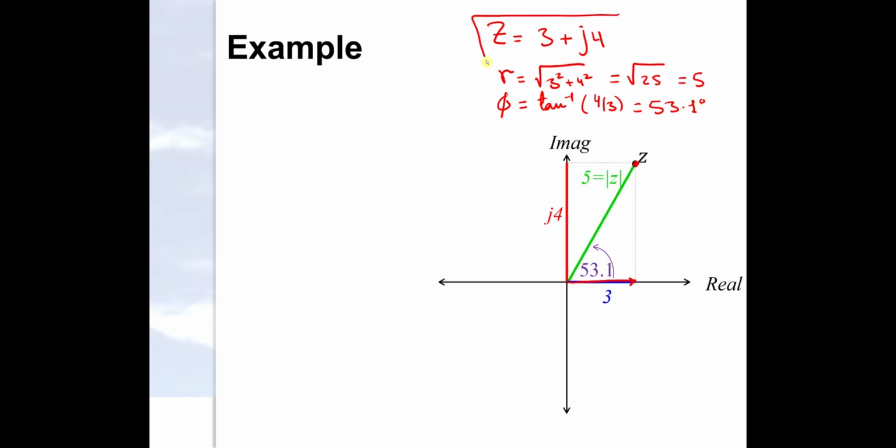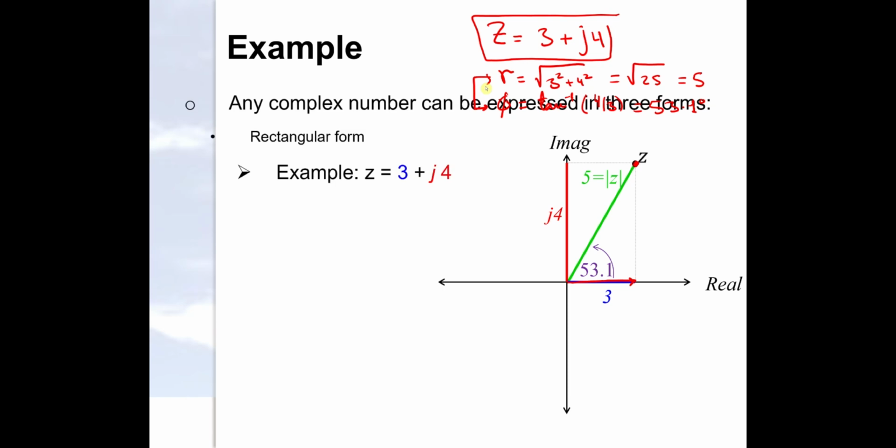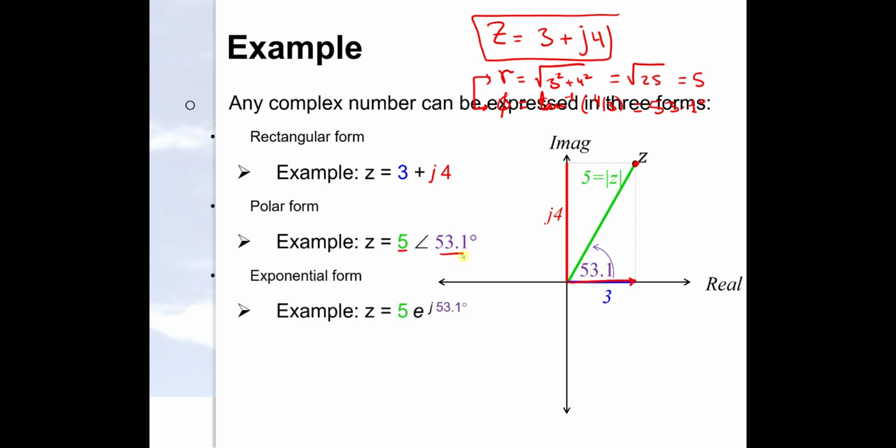So this is the rectangular form, and then using the magnitude and phase, we can represent the number in the polar format. It would be 5 angle 53.1, and also in the exponential format, it would be 5 e^(j53.1).